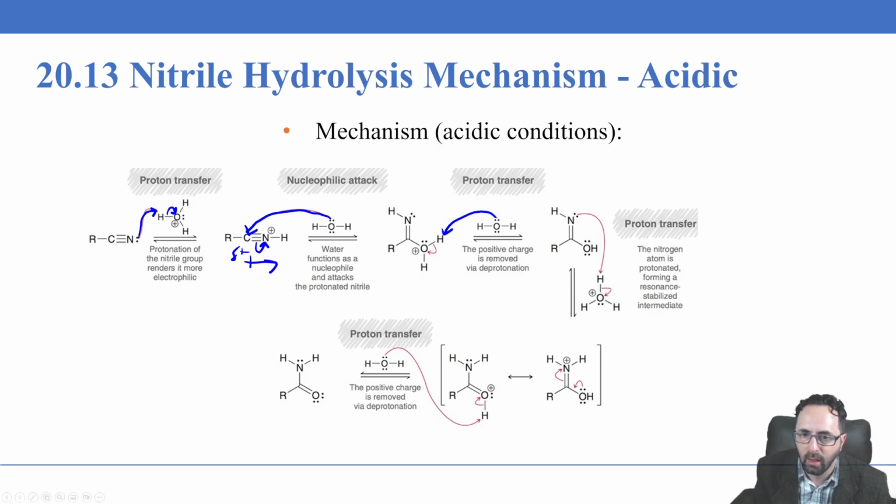Remember, this is acid catalyzed, and so the acid here is recovered by the deprotonation of that water that attacked by another water. And that means that these 2 electrons will then return to the oxygen, and we have an oxygen with 2 lone pairs and 2 bonds, making it 0 formal charge here.